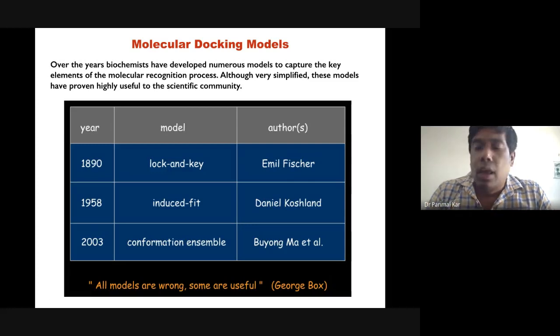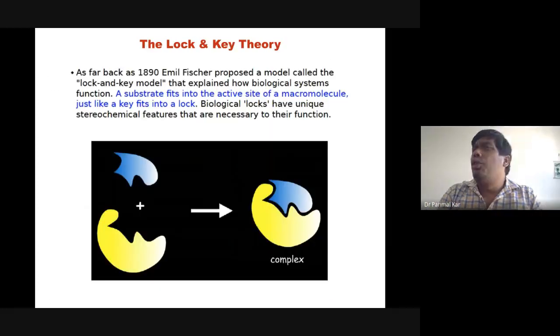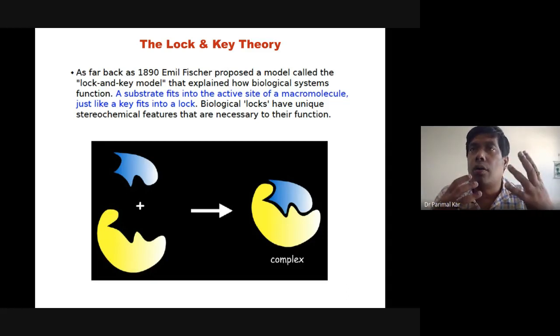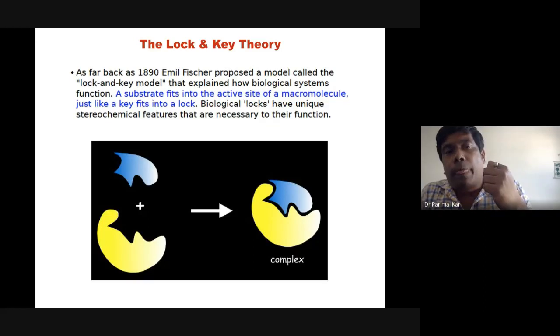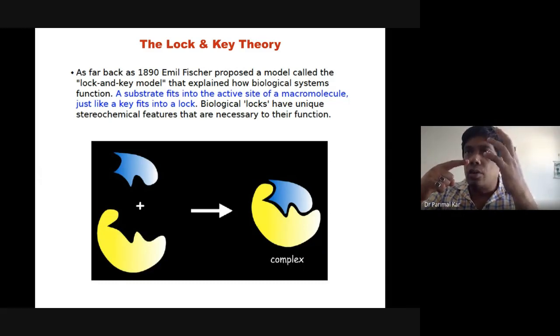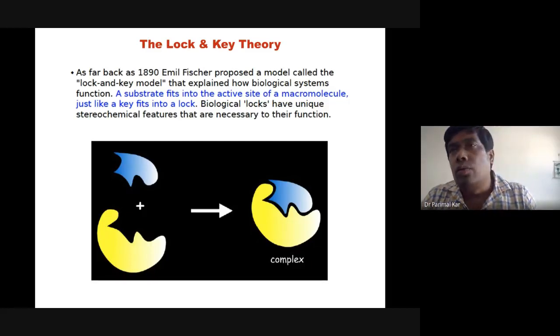The lock and key theory is very simple: a substrate fits into the active site of a macromolecule, just like a key fits into a lock. Your ligand is the key, and the protein target is the lock. It just fits, like that.